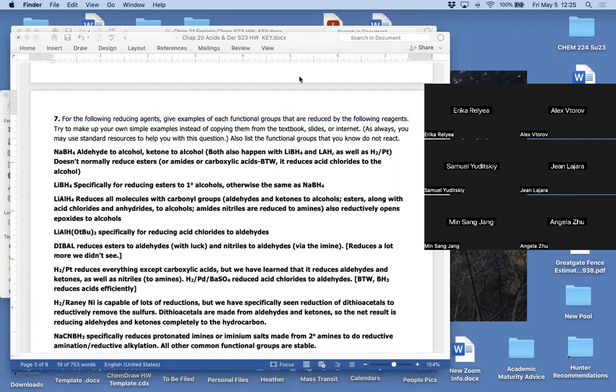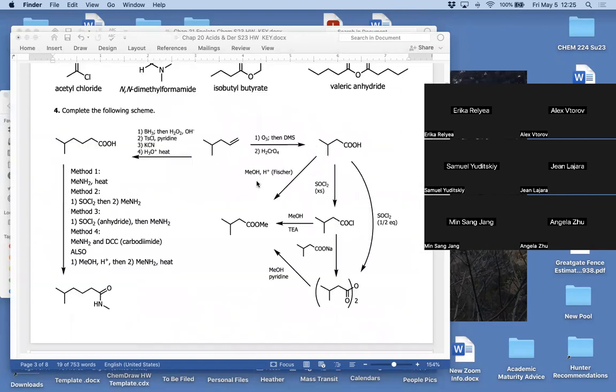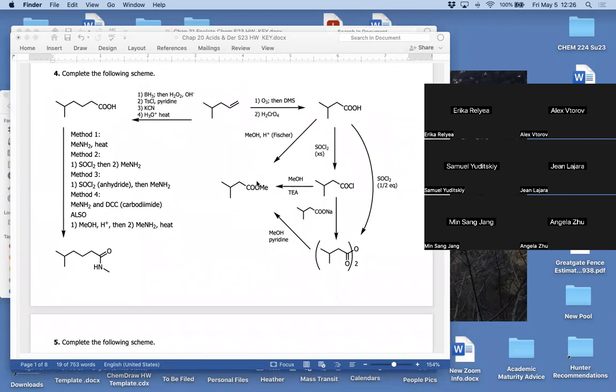Oh, Erica. Yeah, I've got the lack of pictures hidden, so I can't see the hands raised. So Erica, okay, I have a question about number 4. Please. People have questions, they're just shy. I have a question about the oxidative cleavage of an alkene.